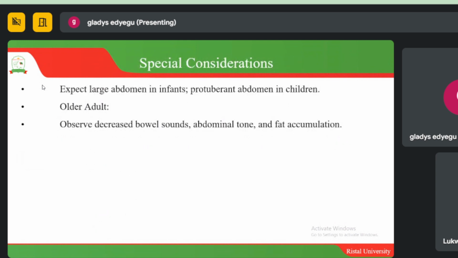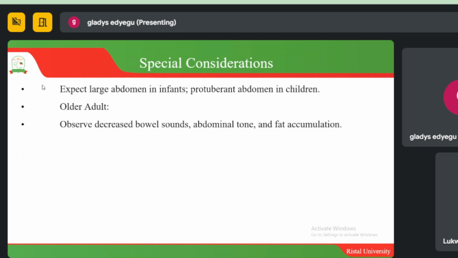Special considerations continue as this. You also have to expect a large abdomen in infants. Their abdomen is actually large, but broad when they are lying on their back. Then also you realize that it is more protruding than in adults.